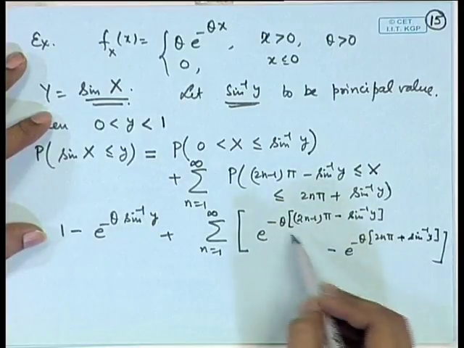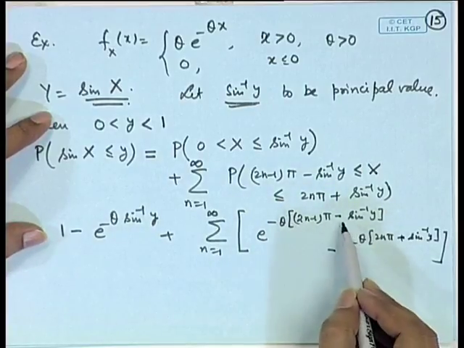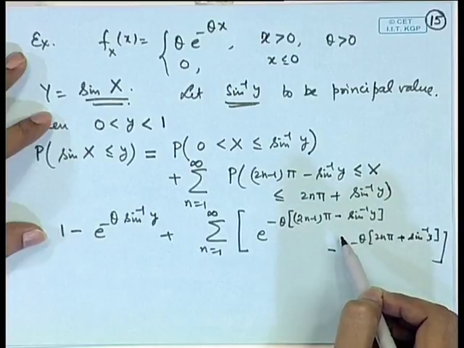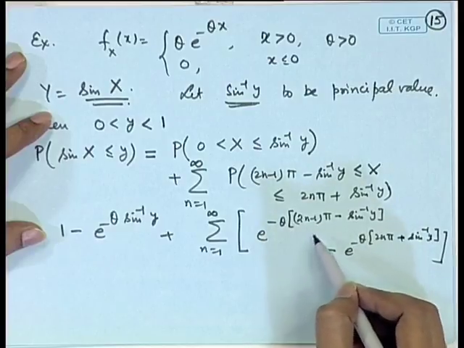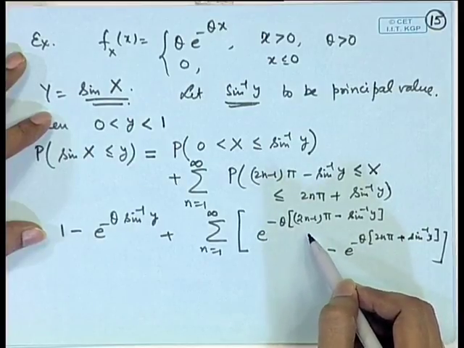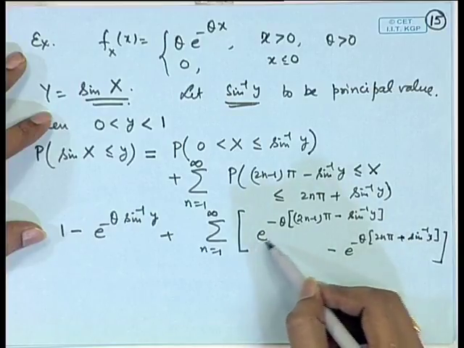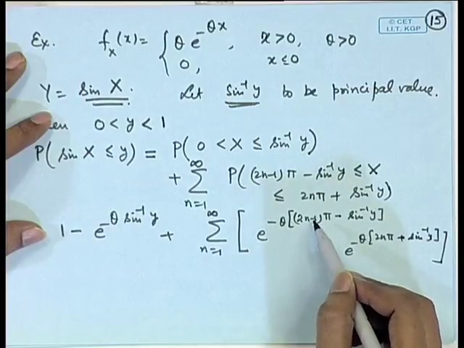If we look at this series here, e to the power sin inverse y terms can be separated out, and the remaining terms become geometric sums, and an infinite geometric series can be added.